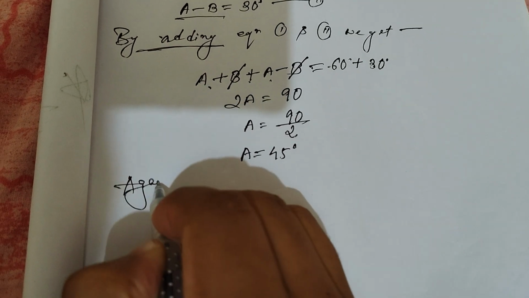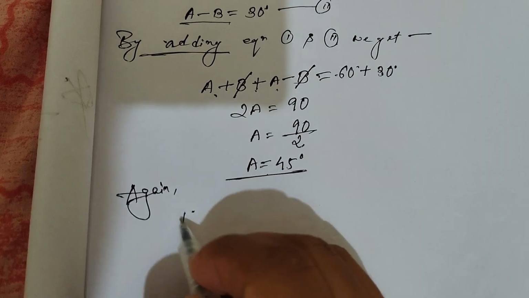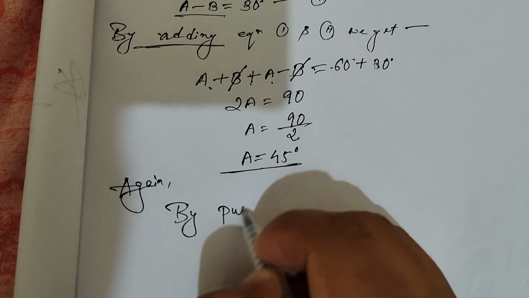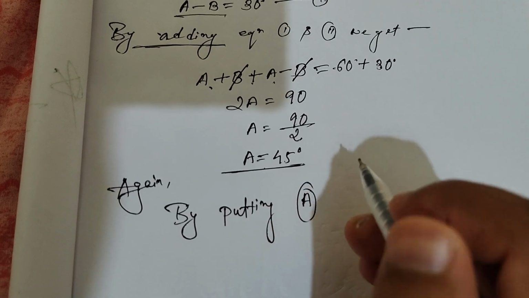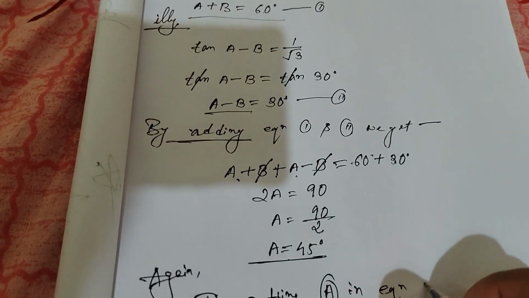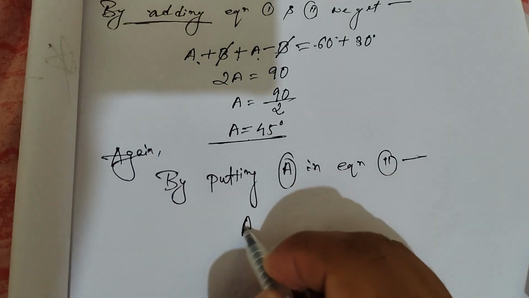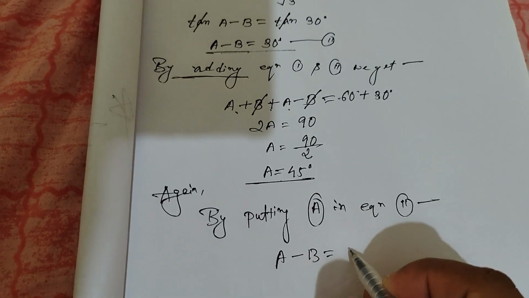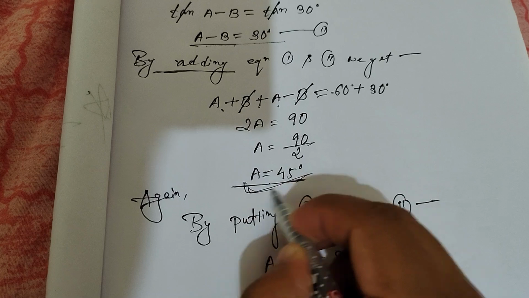Again, by substituting or by putting this value of a in equation 2. So what is our equation 2? A minus b equal what? 30. So what we got?